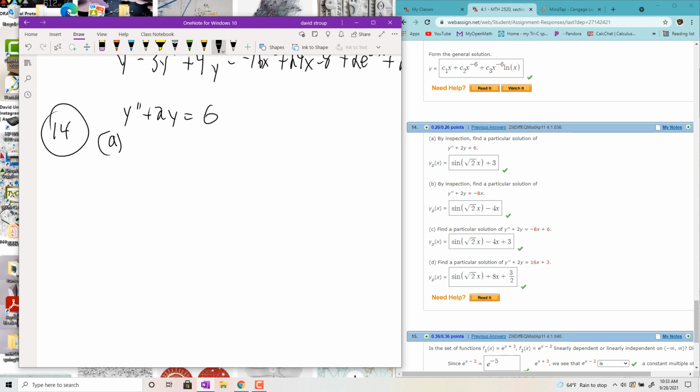Yeah. So if you have y equals something like sine of x, y prime is cosine x, and then y double prime is negative sine x again, right? So if you had something like y double prime plus y equals 0, you would know that y must equal sine of x. Okay?